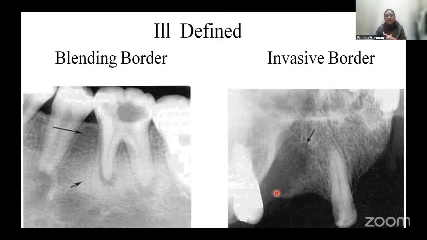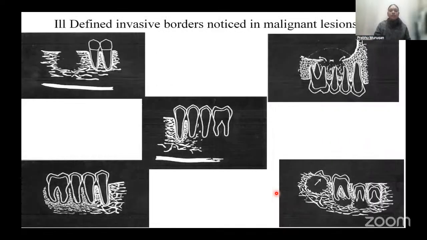In case of an invasive border, where the margin of the lesion is invading into the surrounding bone, it's like encroaching something, it will go and encroach the surrounding bone. So in such cases, it is mostly for aggressive lesions. In case of cancerous tumors, it will go and eat up all the surrounding bone, so it will have an invasive border. Okay, so these are mostly noticed in case of your malignant lesions.